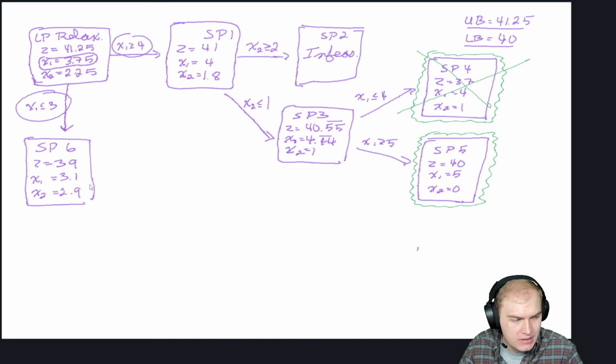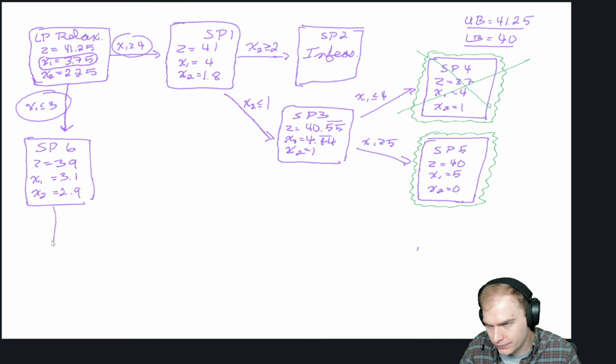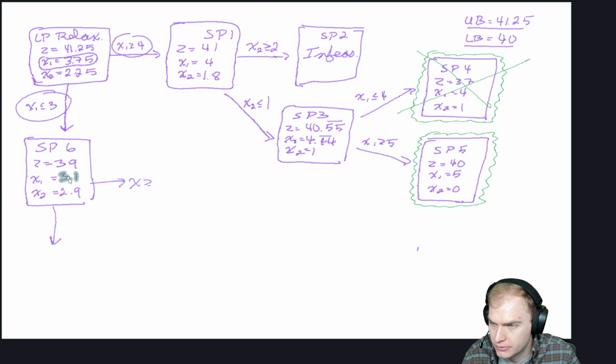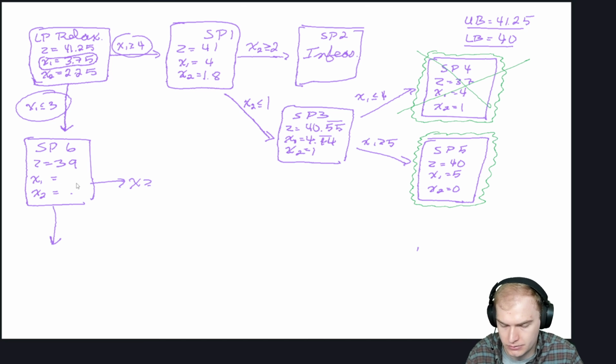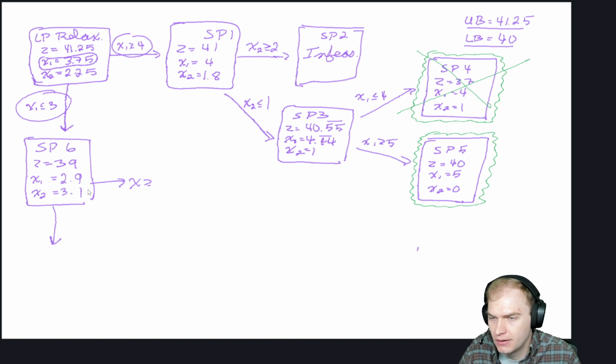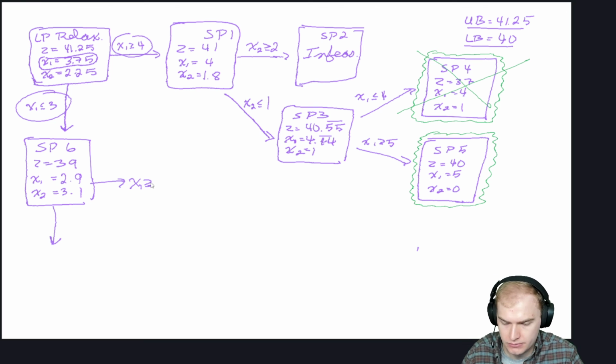Well, we'd be tempted to branch again and say x, oh well, that's actually not possible. Let's swap this around. Whoops. 2.9, 3.1. X1, well, let's branch on X2 instead.